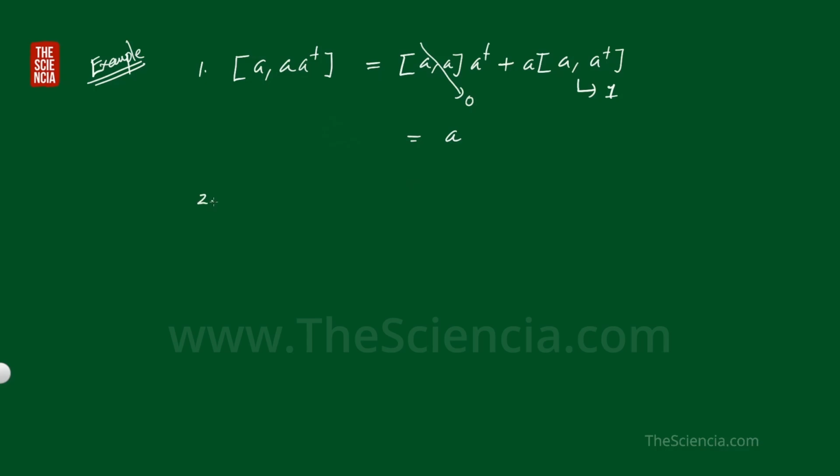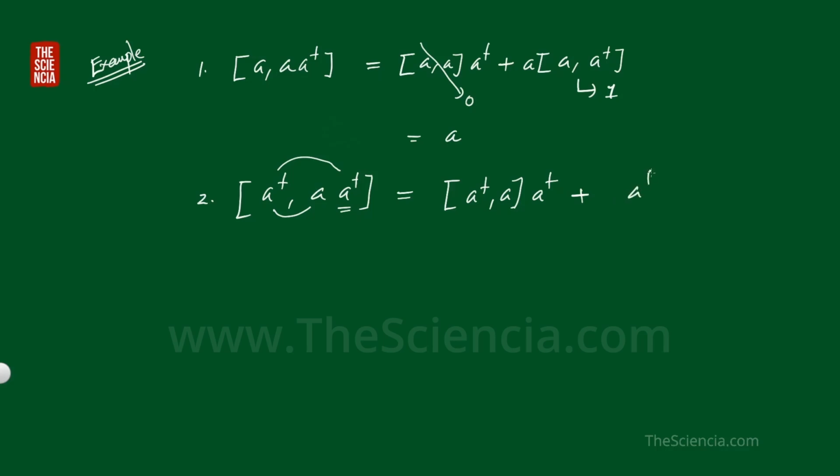Another one, commutator A dagger comma A dagger A. Here also we can expand this commutator operator, that is A dagger A A dagger, right? So first I take the combination of these two and I took this one outside. Plus now I have to make a combination with these two, right?